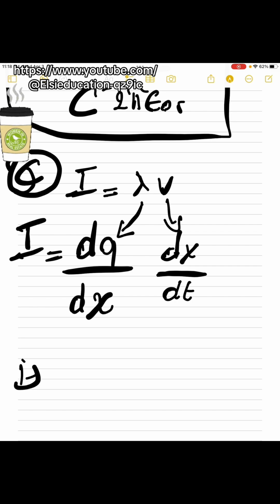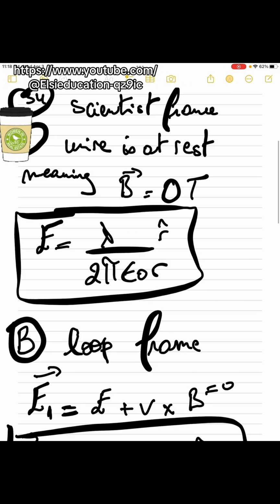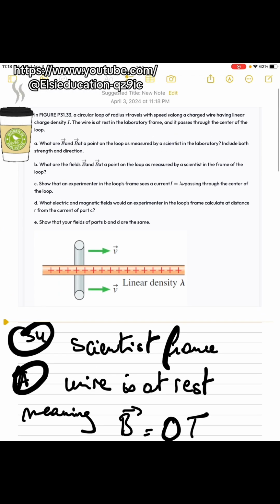Question number D. What electric field and magnetic field would an experimenter in the loop frame calculate at distance r from the current of part C?